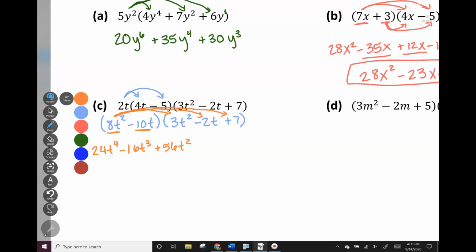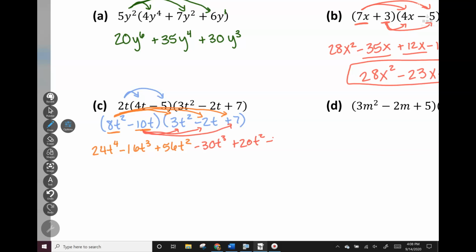All right, now doing the minus 10t, that gives me negative 30t cubed plus 20t squared minus 70t. Okay, so you're distributing both of those to all 3 of these.